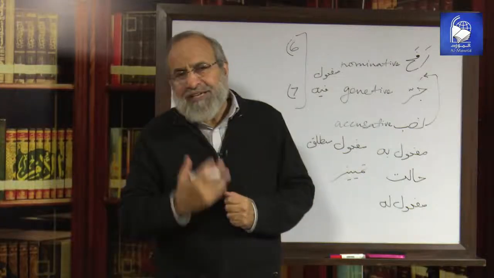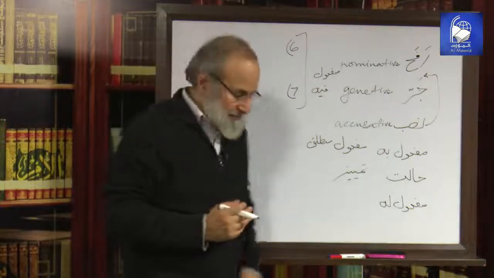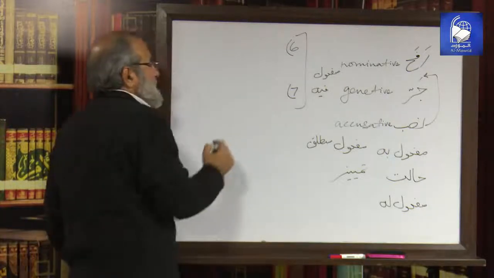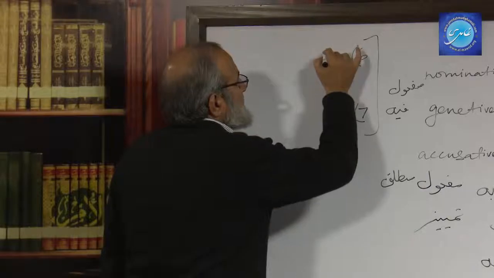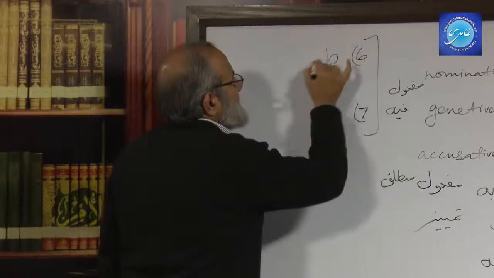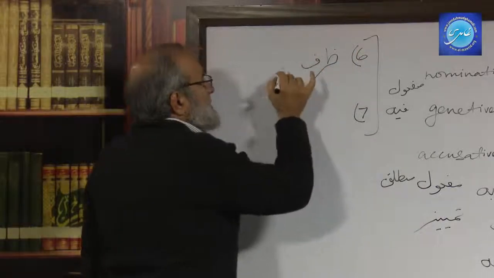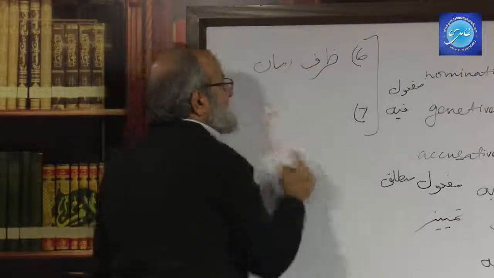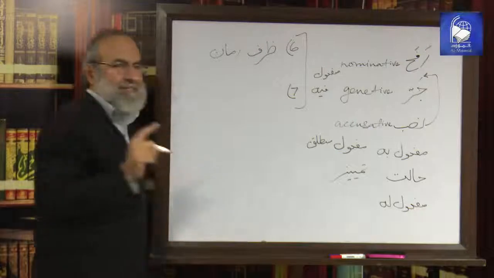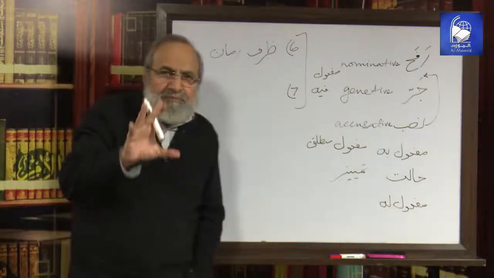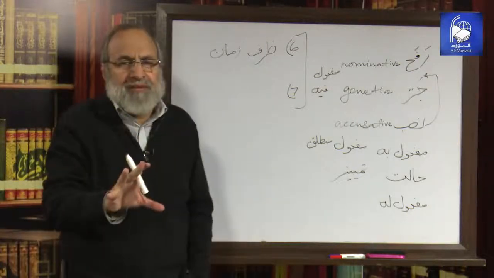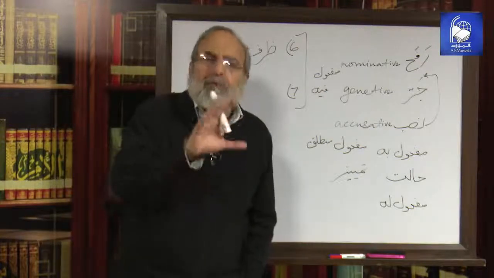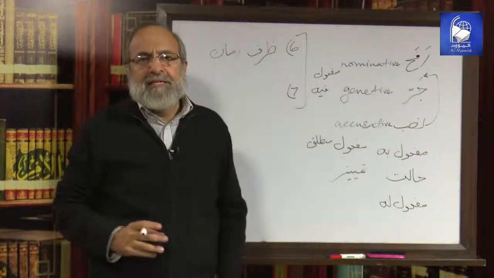Now, when you say in it, there are two possibilities. One is called zarf. Both are actually zuruf. One is called zarf-e zaman. The verb took place in a particular time period, a duration, an era, or similar concepts.